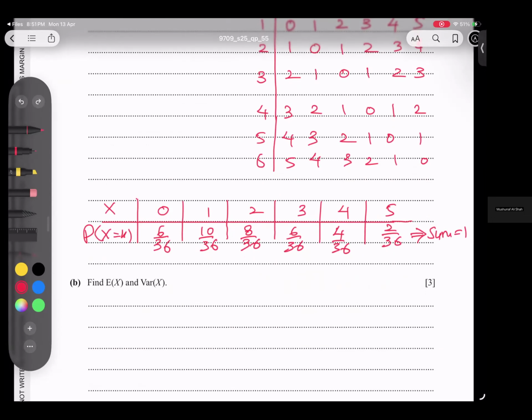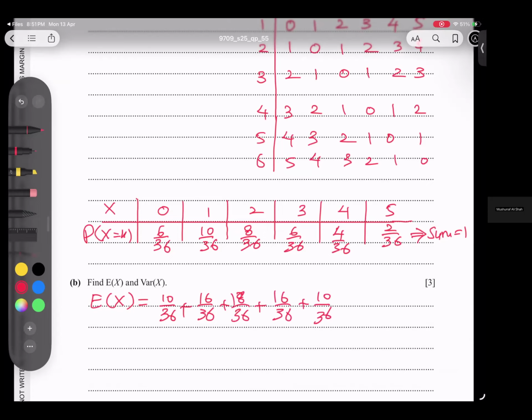Now E of X. What does E of X mean? Mean, average, expected value. How will we do it? We'll multiply, multiply, multiply, multiply, and add them all. The first value, no need to waste time. 10 over 36. 2 multiplied by 8, we get 16 over 36. Then 18 over 36. After that, 16 over 36. And then 10 over 36.